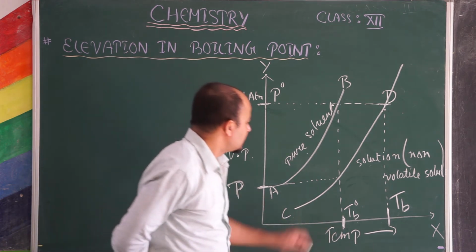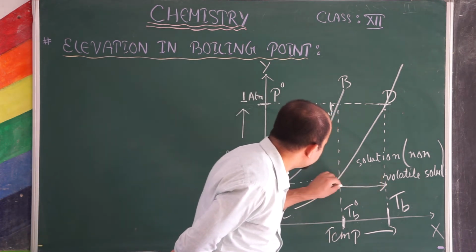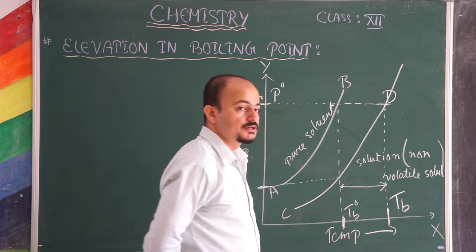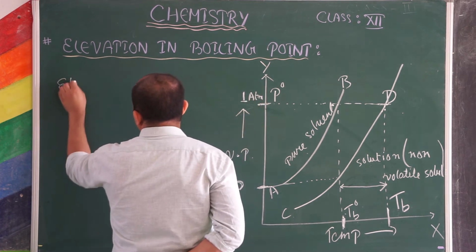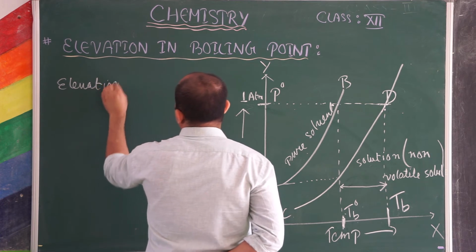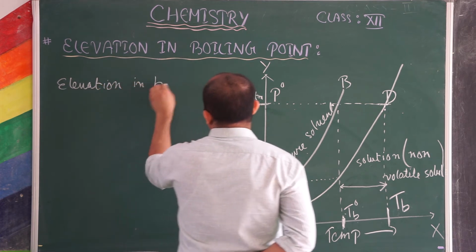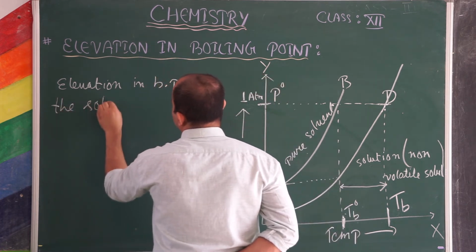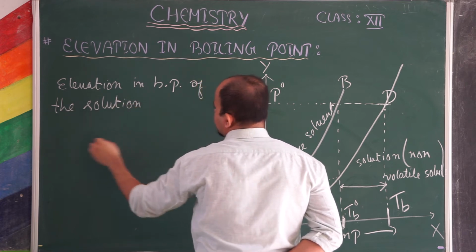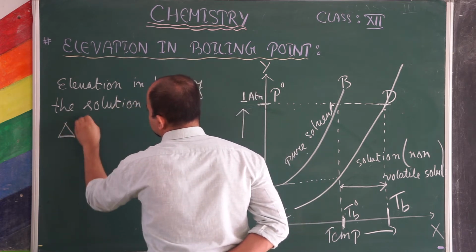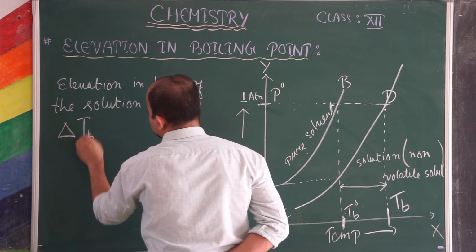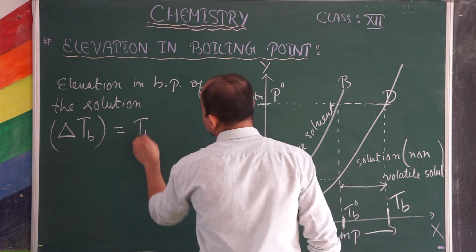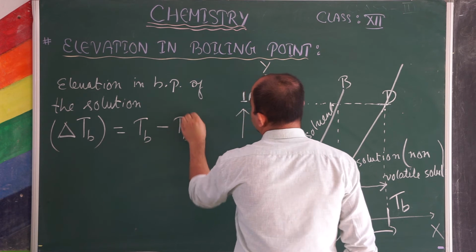So we can see that this is the increase in boiling point, that is TB minus TB naught. Therefore, elevation in boiling point of the solution, that is delta TB, will be equal to TB minus TB naught.